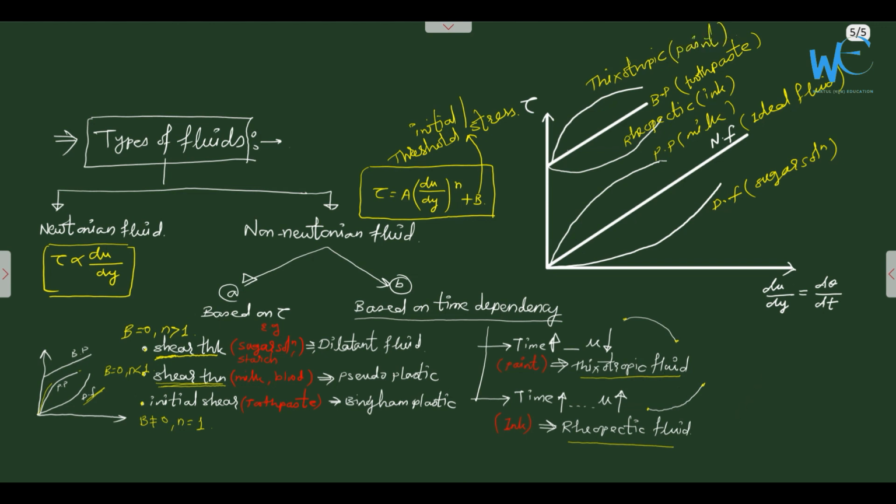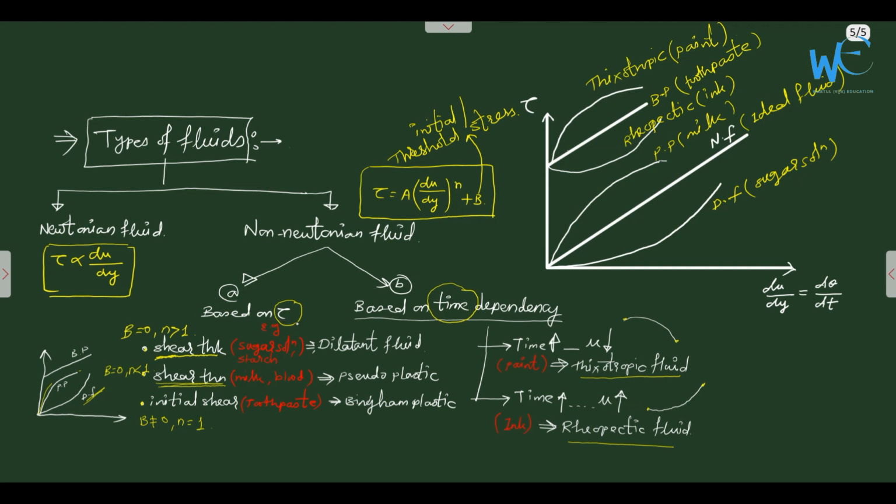So in this manner, you can follow the sequence I have already told you. First remember their basic criteria for distinguishing, right? First one is based on shear stress, so shear stress is more important, and second one is based on time dependency, so here time is more important.